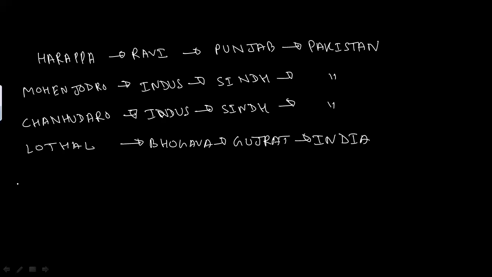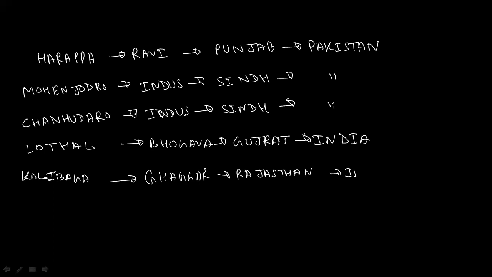Then next one is Kalibangan. Kalibangan was situated on the bank of the river Ghaggar, in Rajasthan state, and it is now in India.